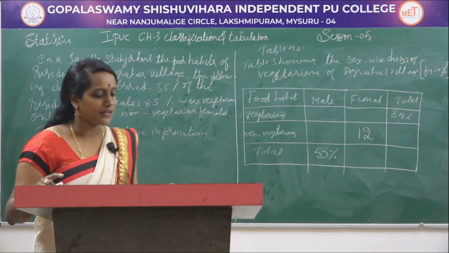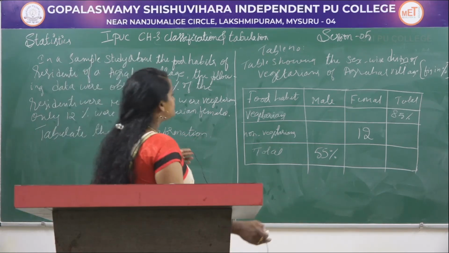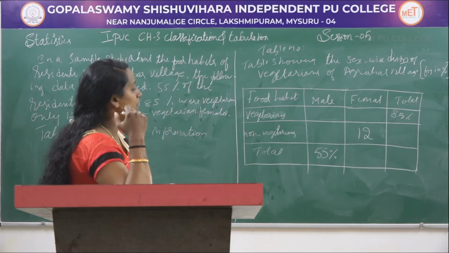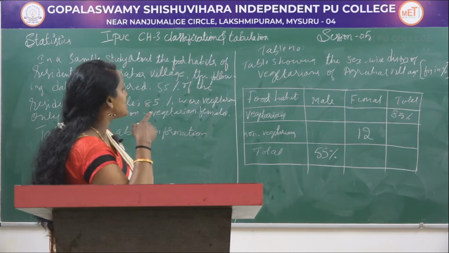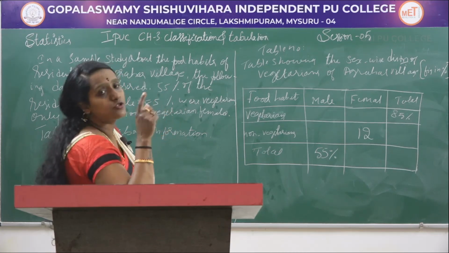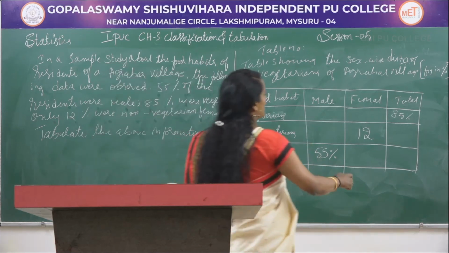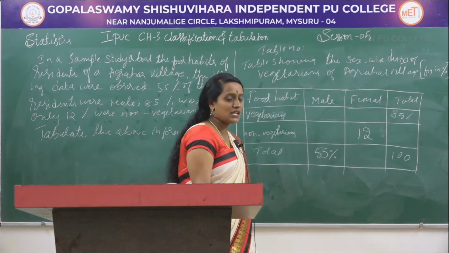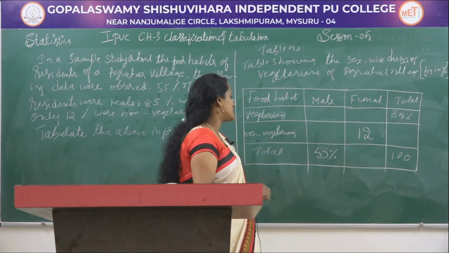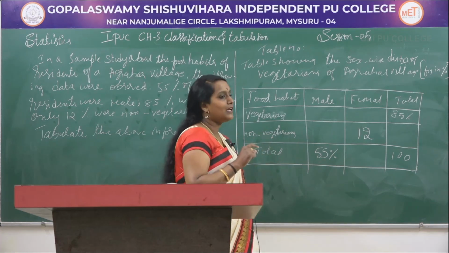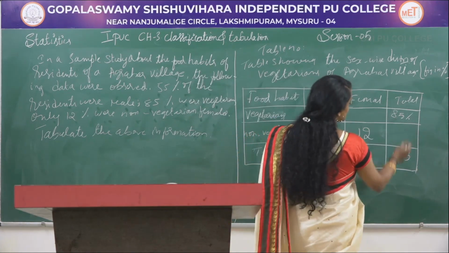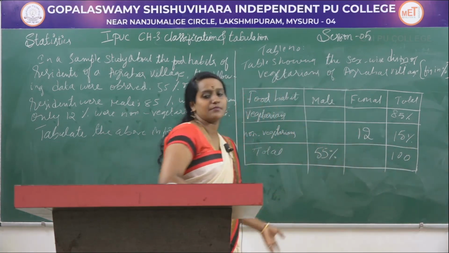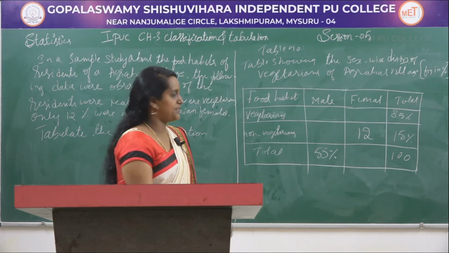So, rest of the things we have to find out. Here, we don't know the male females, but since this is the data based on percentage, the total will be 100, that we know. Using this, 85% is there, it is 100 is there, 15% were non-vegetarians.